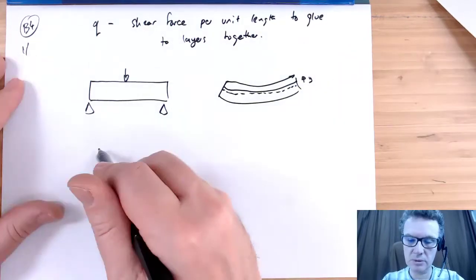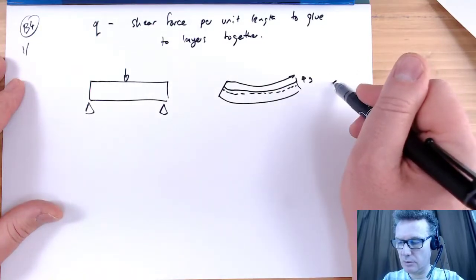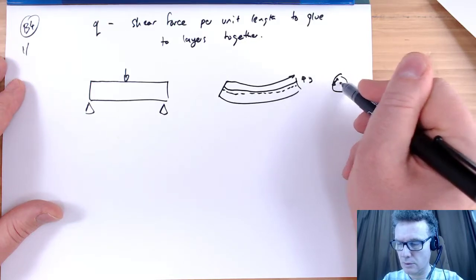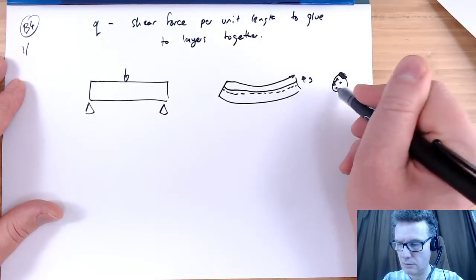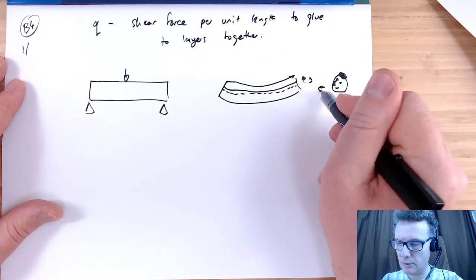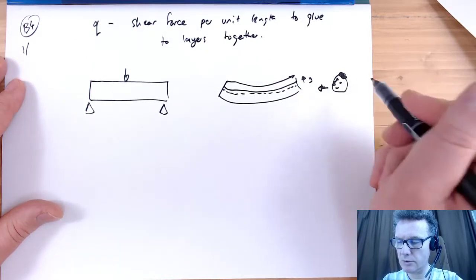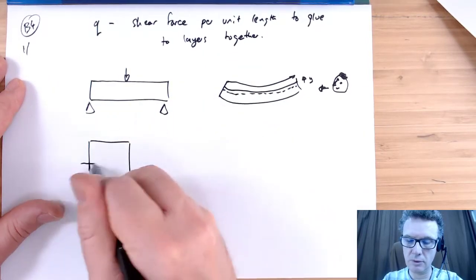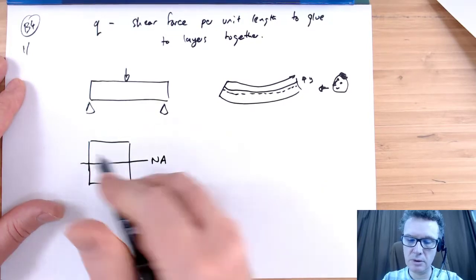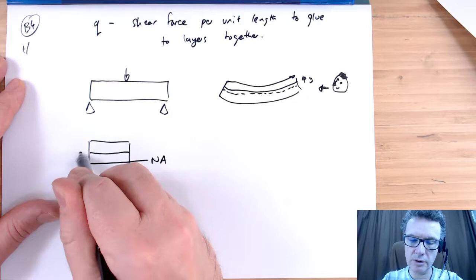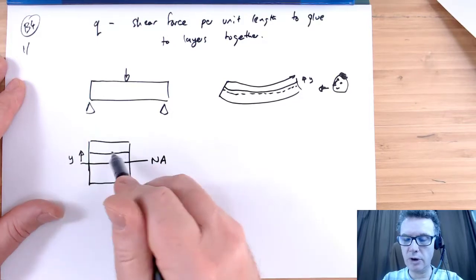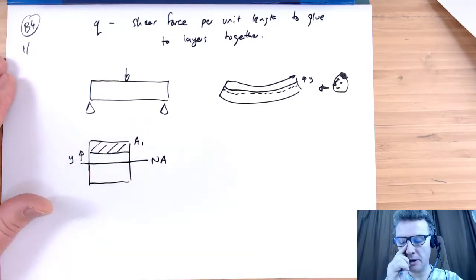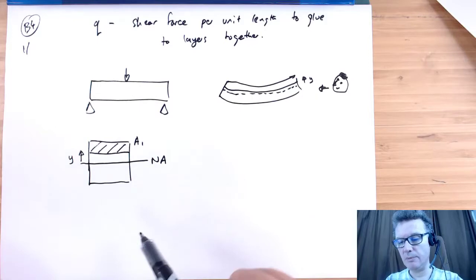So now looking from the end, sorry, not sideways, from the end. We've got the neutral axis, and we're looking at this location Y. And we want to know how well this top bit of the beam can stick to the bottom bit of the beam.